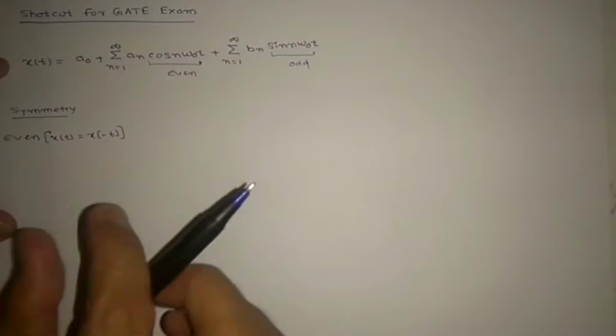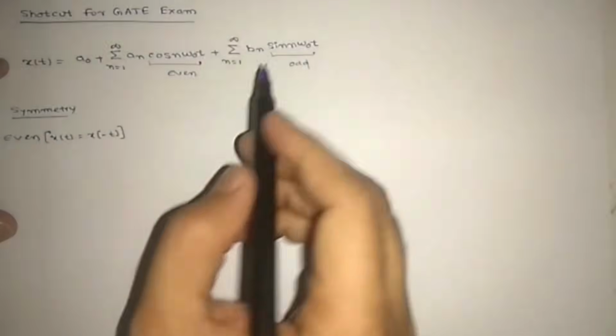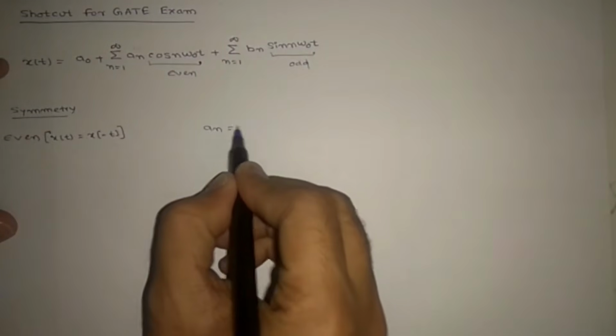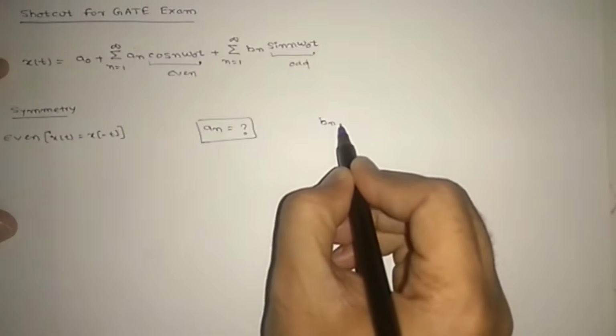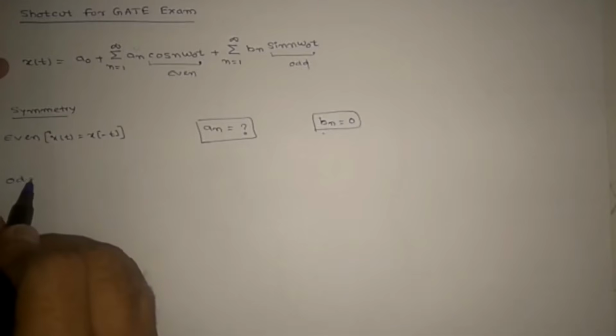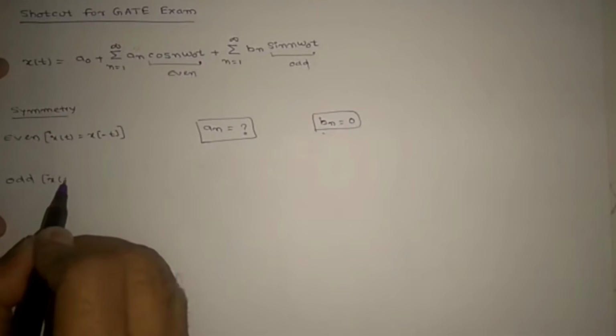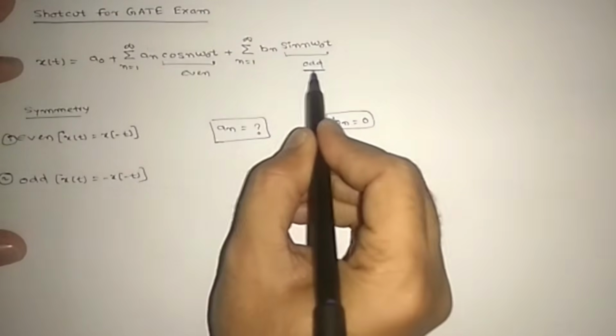So whenever the given periodic signal is even, an should be there. Bn is 0, right? So you need to find an, and bn is equal to 0. Suppose the given signal is an odd signal, meaning it should have odd terms.